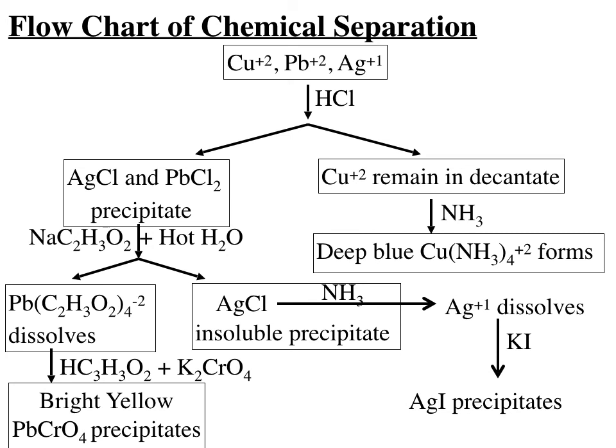So that will dissolve into the supernatant, whereas the addition of the acetate has no effect on the silver present, so the silver chloride remains. So what we would do by adding those two materials is to separate the lead into the liquid or supernatant from the silver which remained in the precipitate.